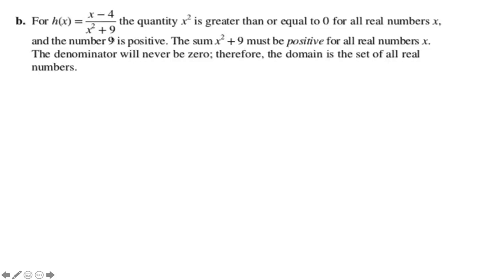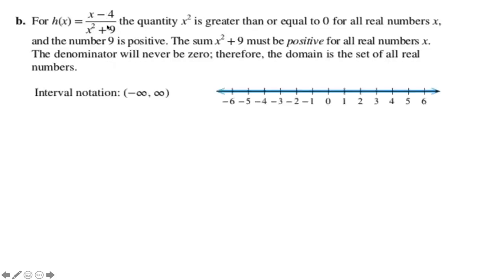So there's no restriction, because there's nothing that makes the bottom 0. There's no x value that makes this a divide-by-0 problem, and so all real numbers are valid for this function. Therefore the domain is all real numbers.